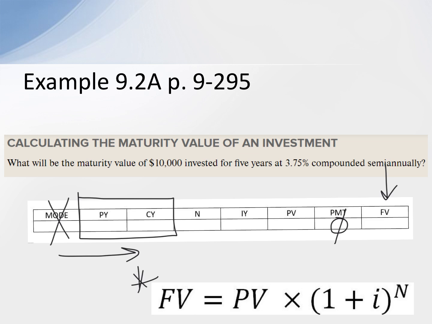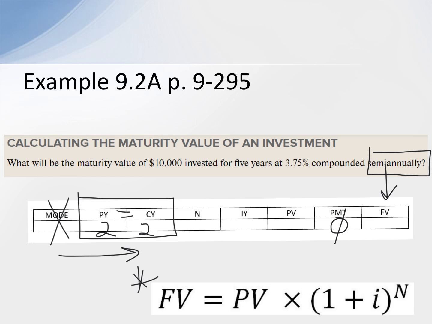Right now, the only payments per year are the interest payments that are going in, so payments per year are the same as compounds per year. If we look at the question, we can see that the compounding frequency is semi-annual. So our CY and PY will be 2, meaning 2 times a year interest is calculated and deposited.